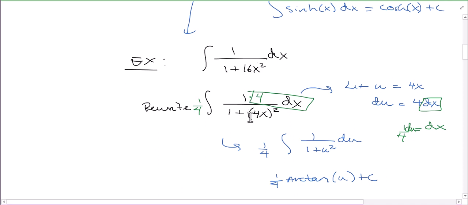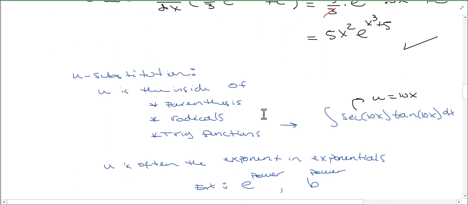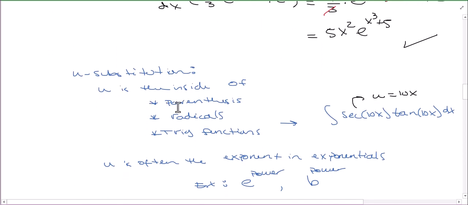We wrote it as 1 over 1 plus quantity 4x squared, and we let u be 4x. But I guess this will kind of fall into the thing inside parentheses, since I rewrote it and now I have parentheses. So following the first part, u-substitution often uses the inside of parentheses.